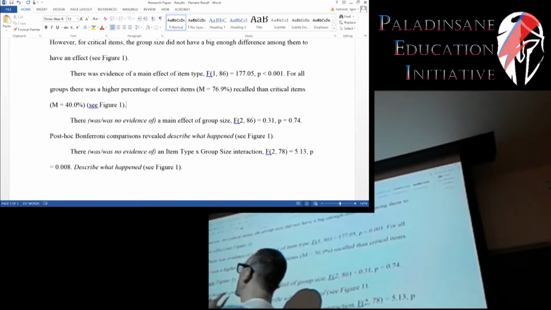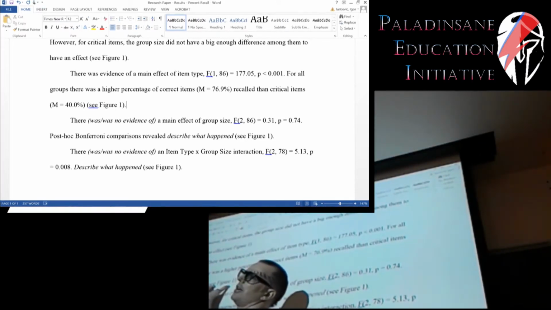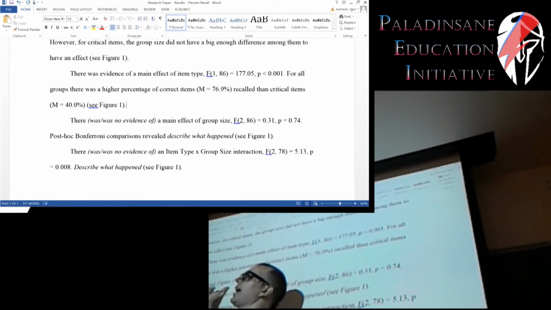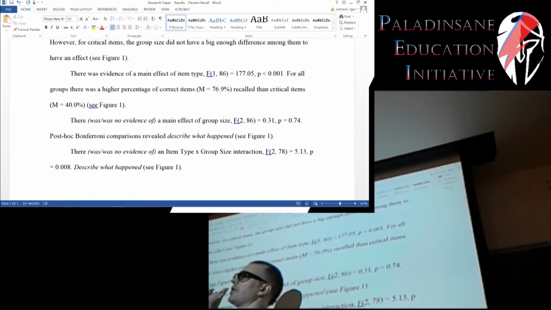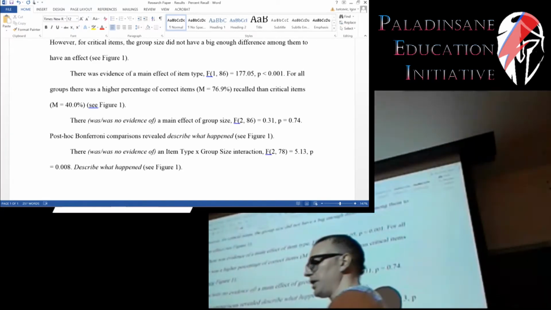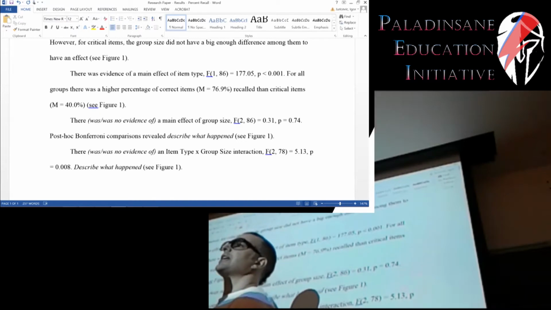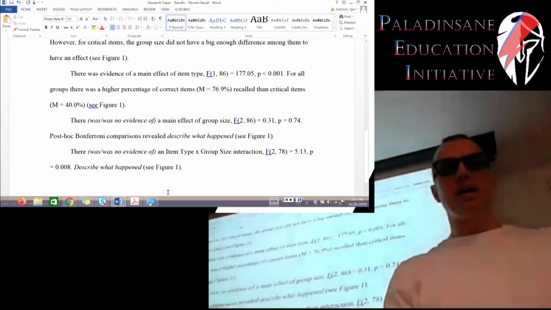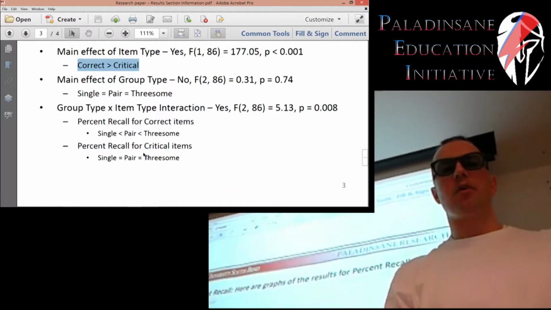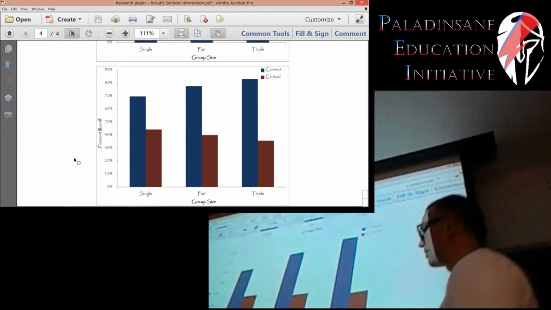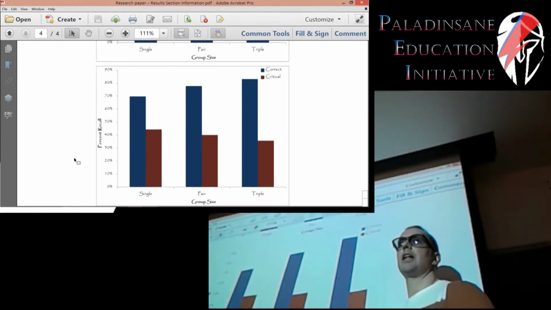And then the other thing is that you'll notice, see figure 1 over here, inserted. Figure 1, you don't have to hand in figure 1 for your first draft, but figure 1, just so that you're aware of it, is going to be the figure of the interaction. It's that bottom figure. That's going to be figure number 1, because that is, for our reader, the picture that explains what it is that we're telling the reader.